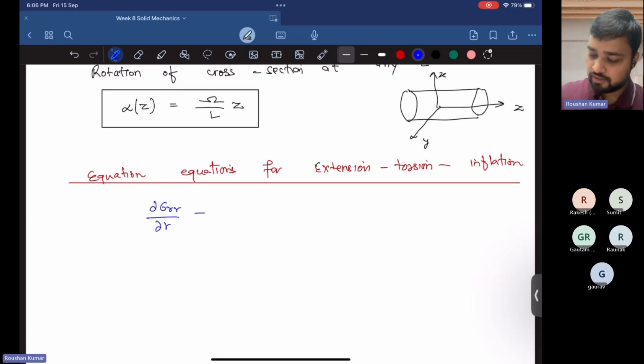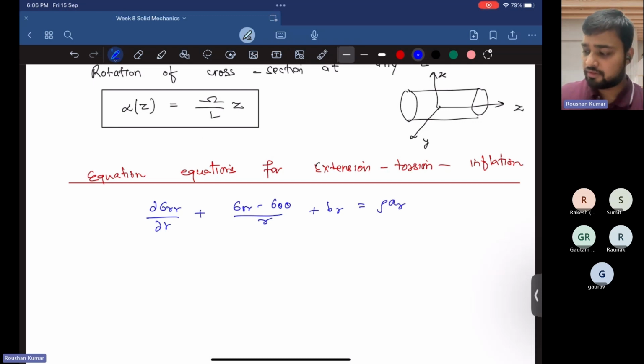Del sigma r upon del r plus (sigma r r minus sigma theta theta) upon r plus br equal to rho ar, if radial acceleration is also present. Here ar is the radial acceleration and br is the body force along the radial direction.